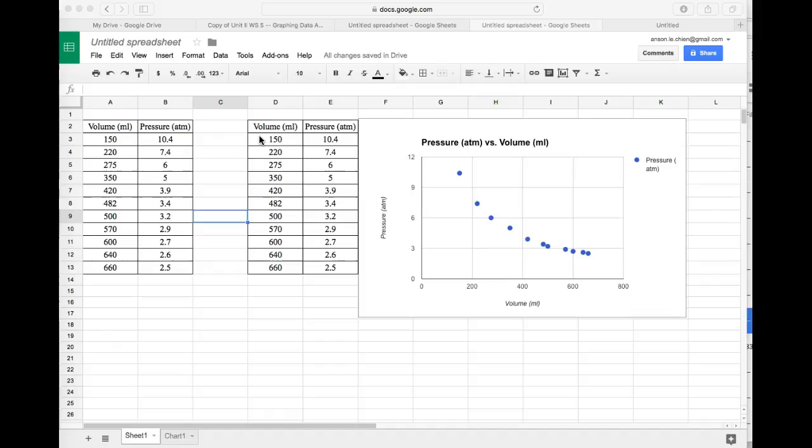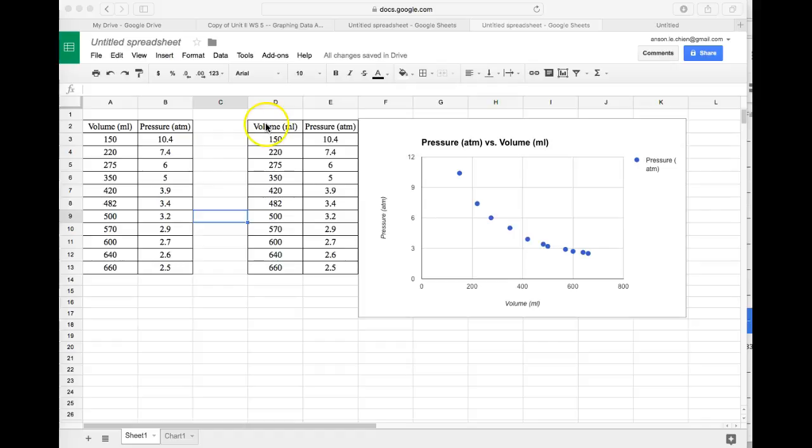Now I'm going to show you how to do this pretty easily using Google Sheets math functions. We want to replace this column with 1 over the volume instead of the volume.